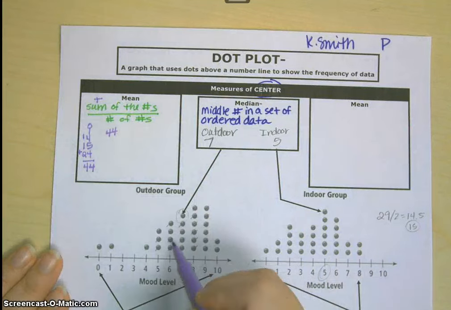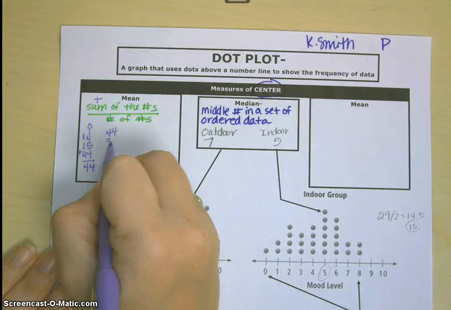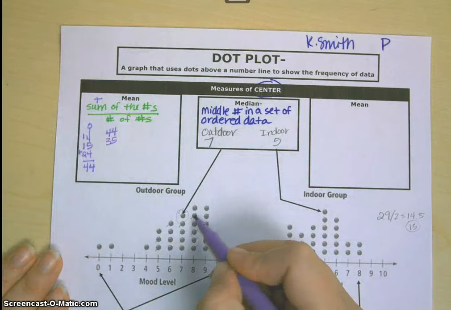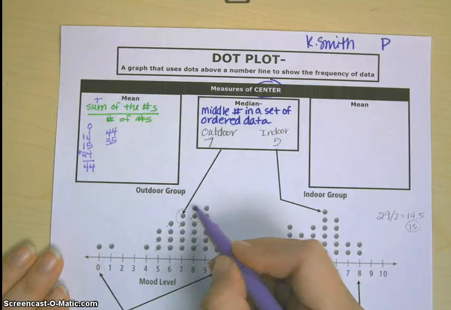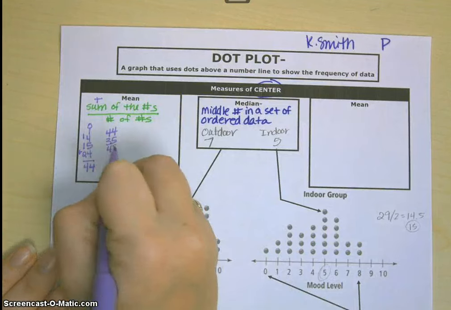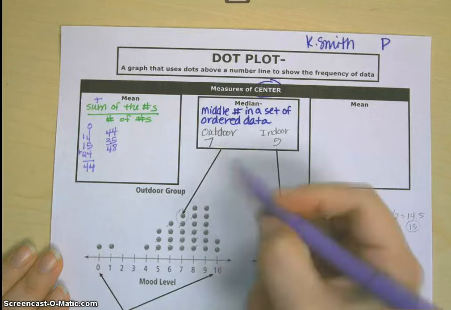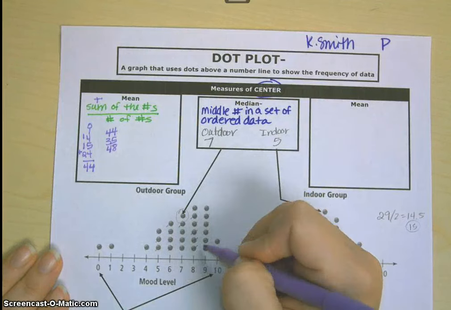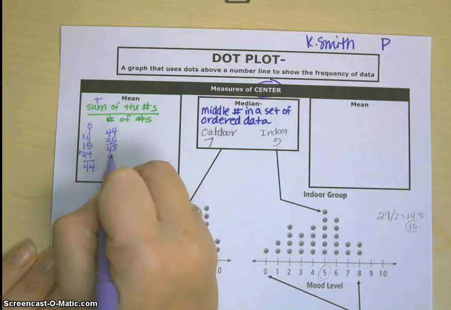We left off with our 6s. So we have 1, 2, 3, 4, 5 7s. So that's 35. We have 1, 2, 3, 4, 5, 6 8s. Well, 6 times 8 is 48. 1, 2, 3, 4, 5, 6 9s. So that's 54.